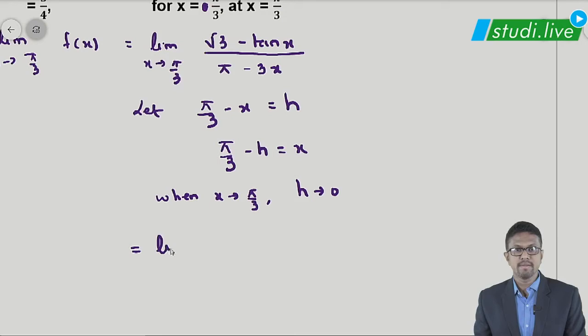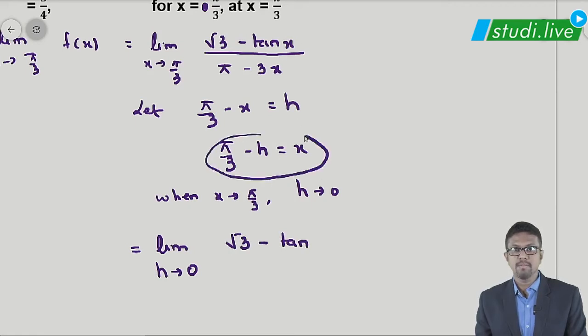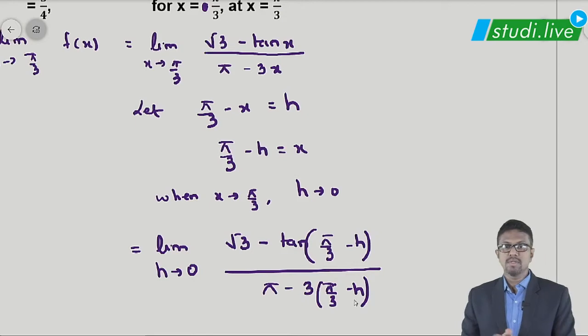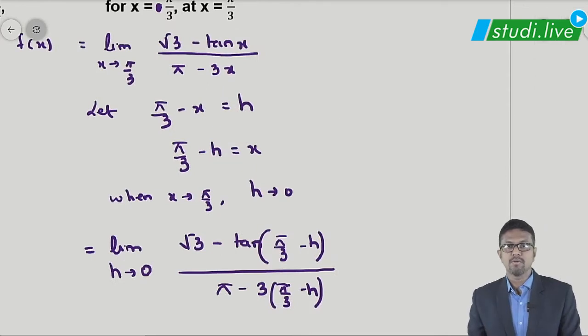So I will get limit h tends to 0 of root 3 minus, now instead of tan x, we will have to substitute pi by 3 minus h, upon, again over here also, pi minus 3 into pi by 3 minus h. So this is the substitution that we have done. Of course, I will have to use the formula tan a minus b now, correct? So we will have to use the formula tan a minus b to solve this question further.